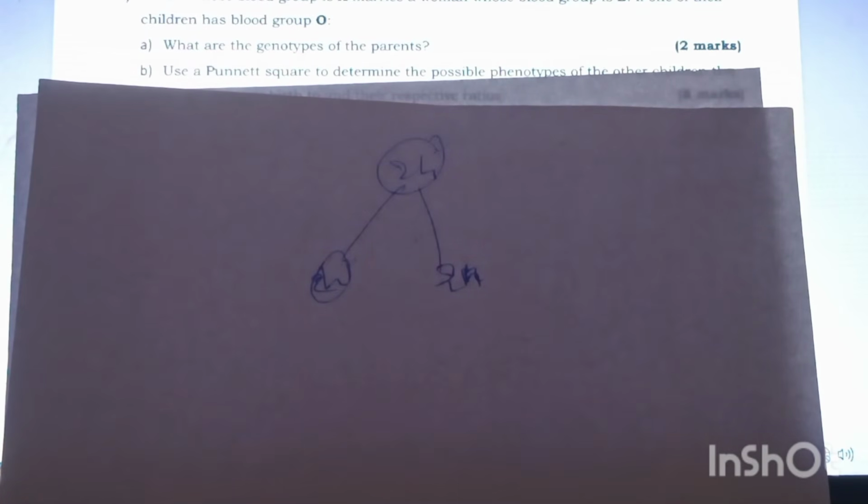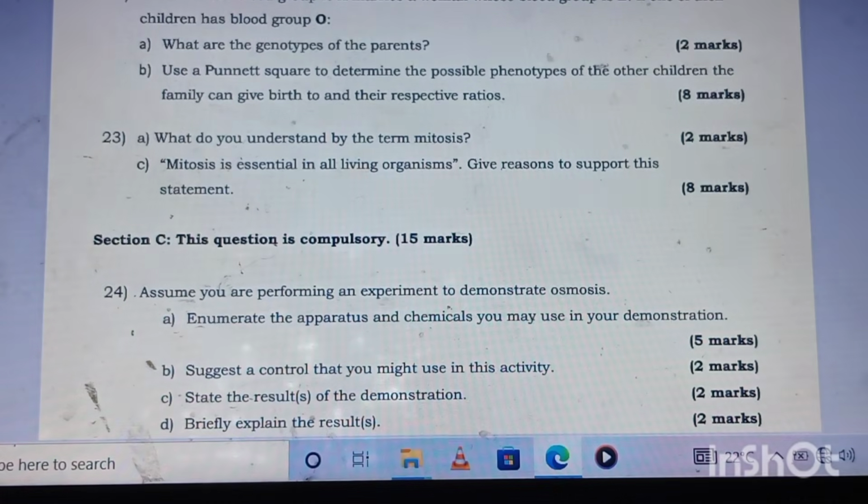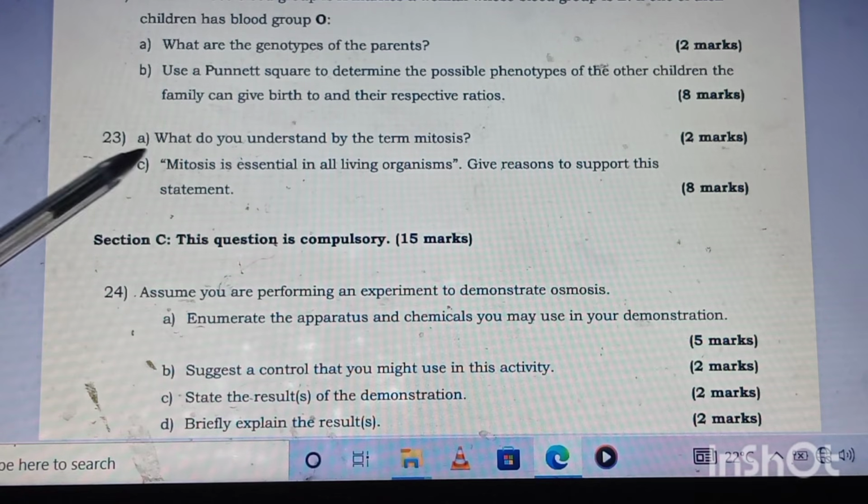That is the meaning of mitosis. We have 2N as parental, then you generate also 2N. 2N means diploid daughter cells, meaning they contain two sets of chromosomes.